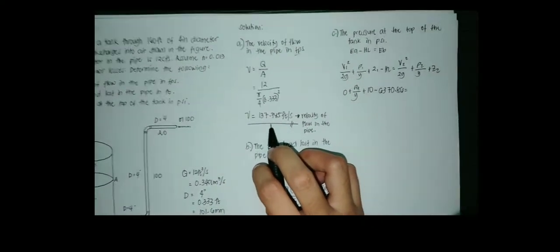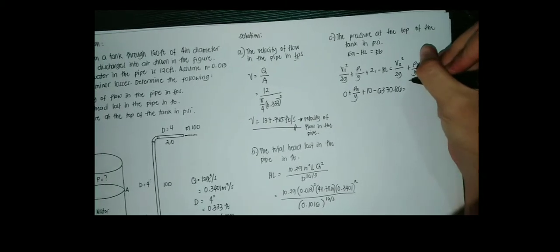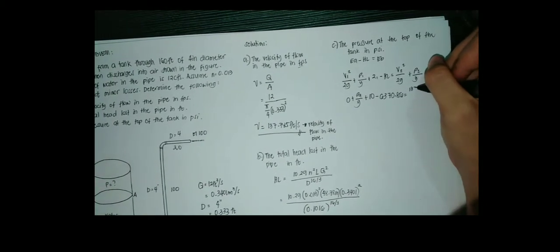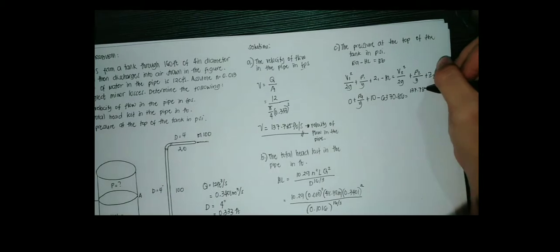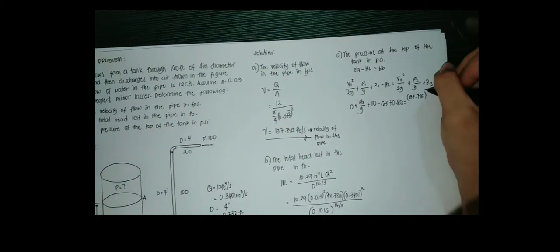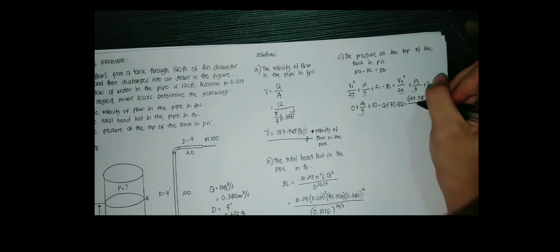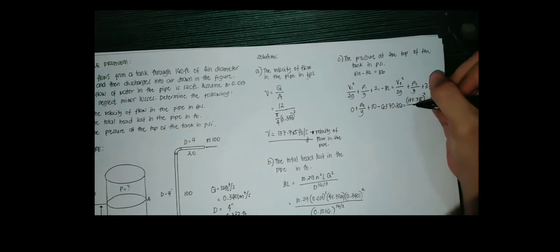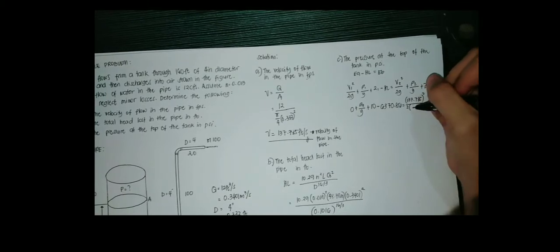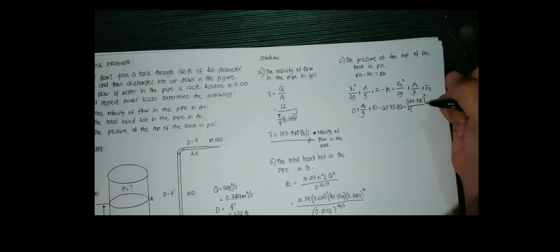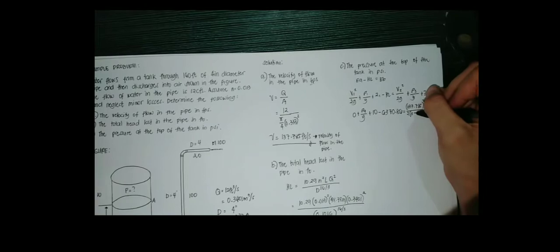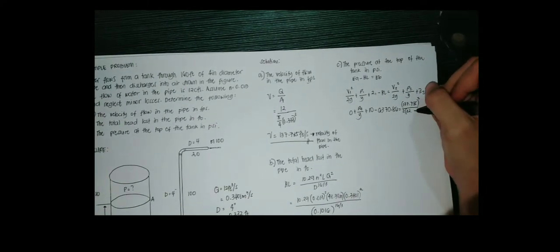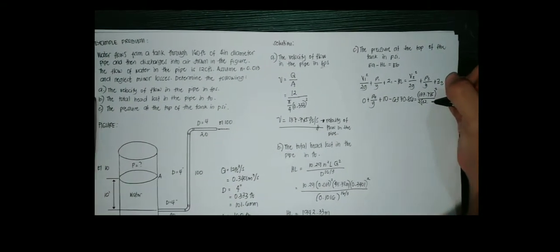We put its value, 137.785 squared over 2 times gravity, but it is in English units, not SI.